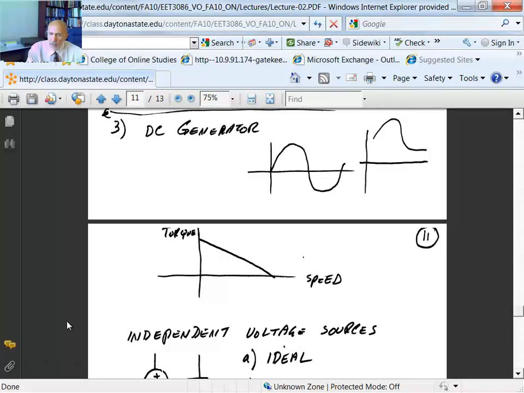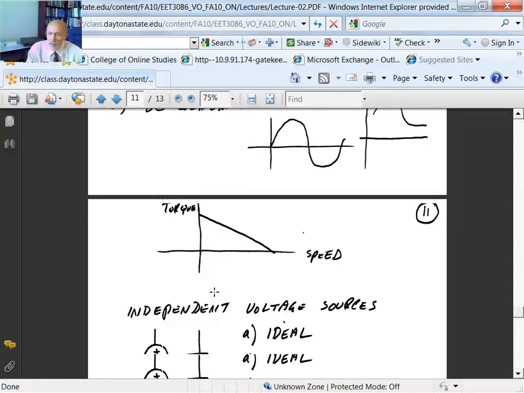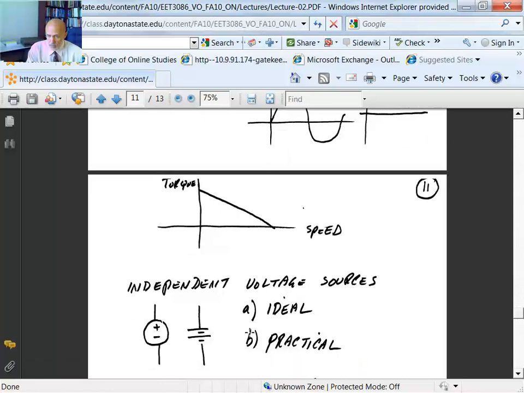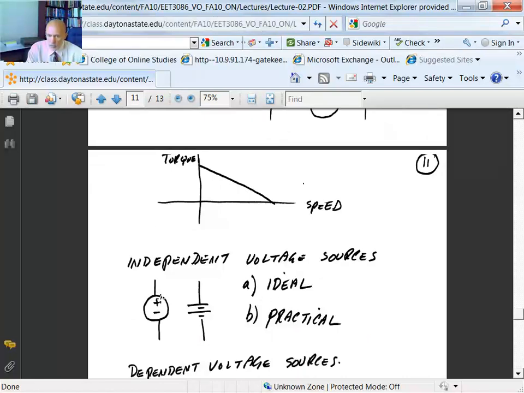Now, with all of these sources, there are 2 types. In this course, we're only going to look at the independent voltage sources. Independent voltage sources use 2 symbols, either a circle with a plus and minus, or a long bar and a short bar, where the long bar is always positive and the short bar is negative. These independent voltage sources are either ideal or practical.